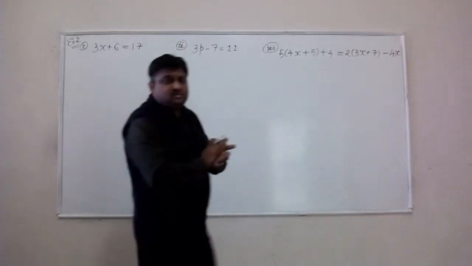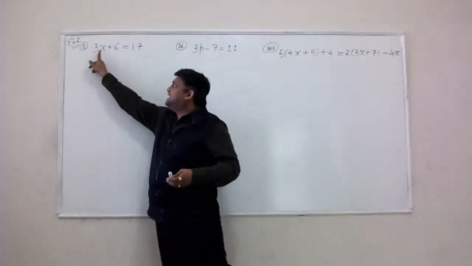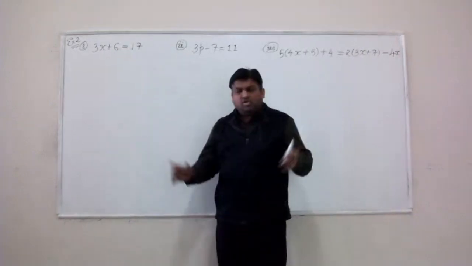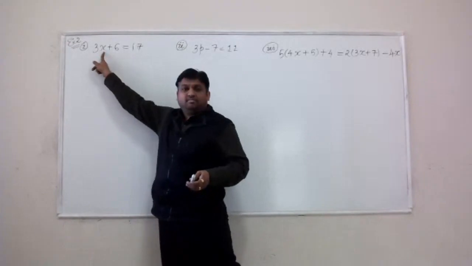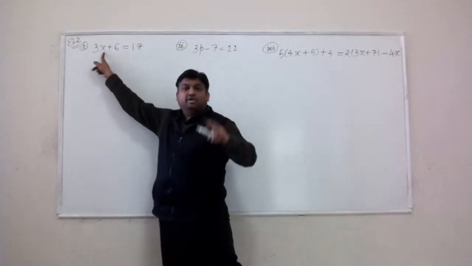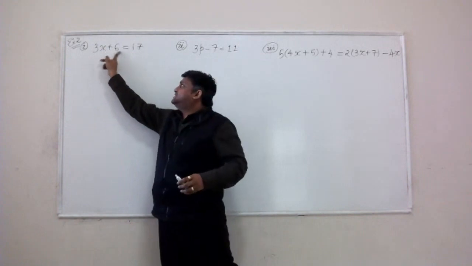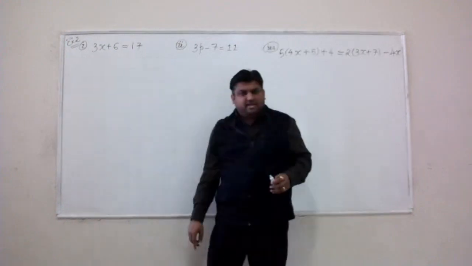Notice that the first and second problems are in the standard form, ax plus b equal to c. My goal is to isolate variable x, and I'm going to do it in 2 logical steps. Add negative 6 on both sides to get rid of this 6 from the left side, and then divide both sides by 3.